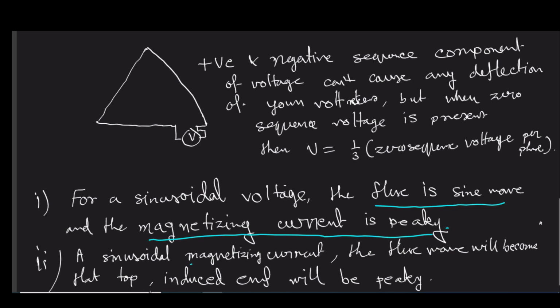Or if the magnetizing current is sinusoidal, then your flux will be flat top and the induced EMF will become peaky in nature, right? And there is no harm, because if you consider the star winding, phase voltages are not obliged to be a sine wave, and that exactly corresponds with your theory of oscillating neutral.